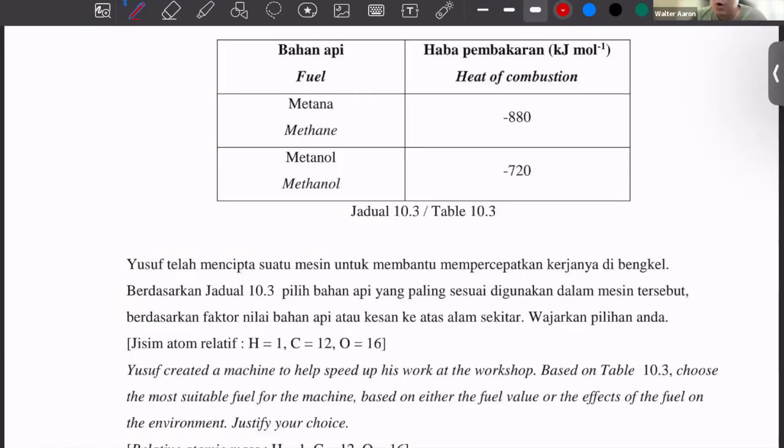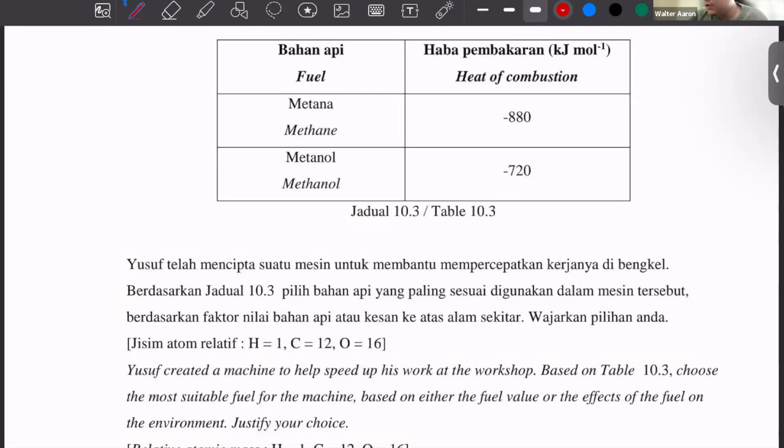But for alcohols, they always undergo full combustion or complete combustion. So there will be no pollutants being produced by the alcohol when you burn it, besides carbon dioxide, of course. So there will be carbon deposits produced by methane, and therefore there'll be smoke in the air. But methanol don't have. So I would say that methanol will be a cleaner fuel to be used compared to the alkanes.